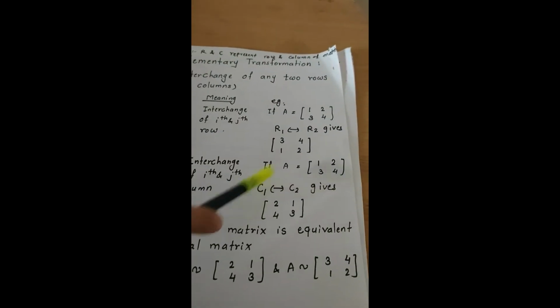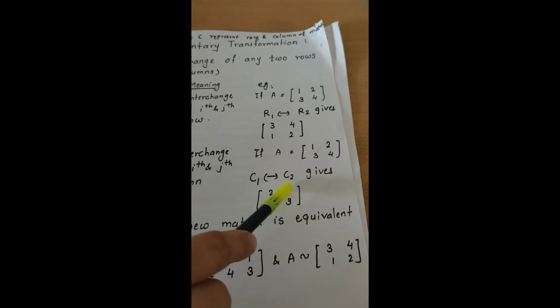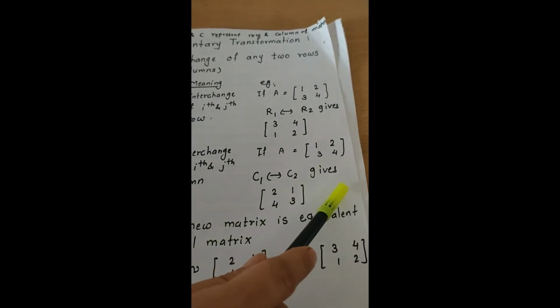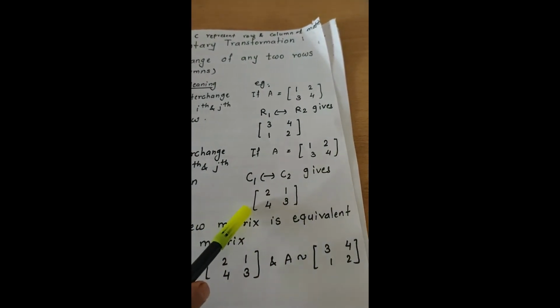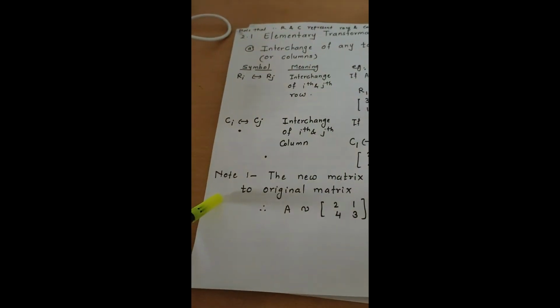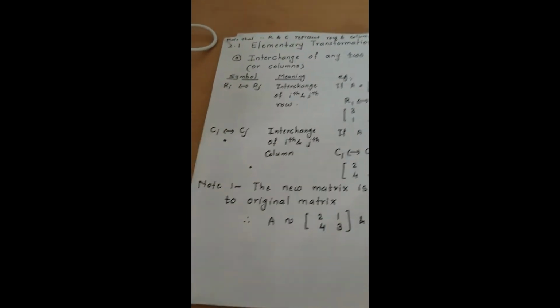For example, if A is a matrix of elements 1, 2, 3, 4, and by applying the transformation interchange of C1 and C2, then we get the new matrix 2, 1, 4, 3. In this way, we get the interchange of any two rows or columns of the matrix.